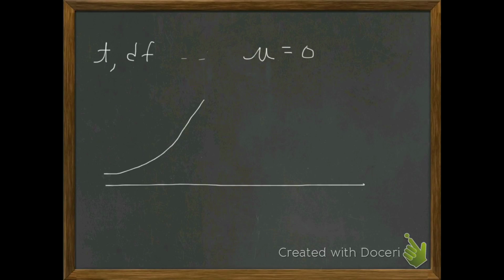All right, guys. For the t distribution, one thing we know is we have a mean equal to 0. So we have symmetry, and values to the left of the mean are negative, and to the right of the mean are positive.